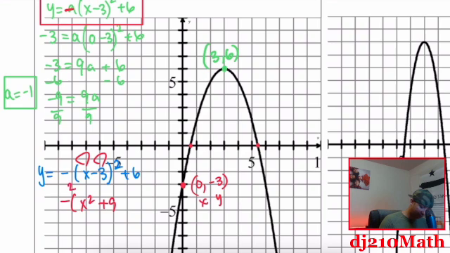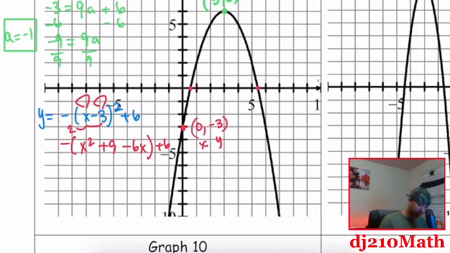And then 2 times x times negative 3, so negative 6x, plus 6. Don't forget about that. Distributing the negative, and I'm going to rewrite it in descending order: negative x squared plus 6x minus 9 plus 6. The final answer, combining the negative 9 and plus 6: negative x squared plus 6x minus 3.